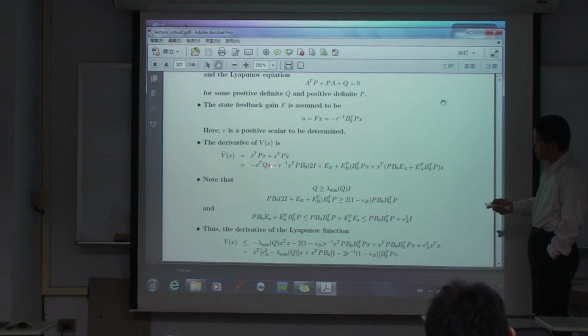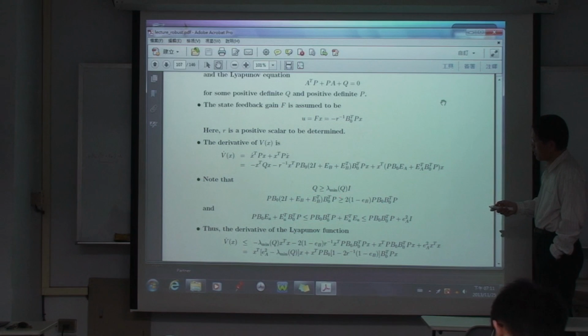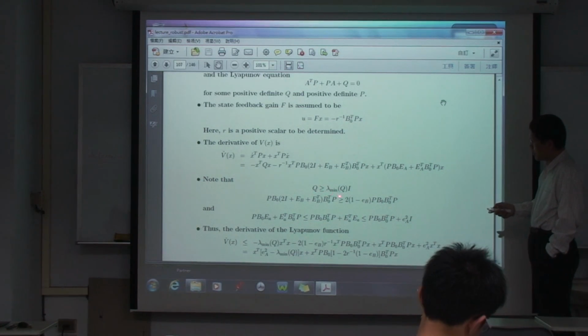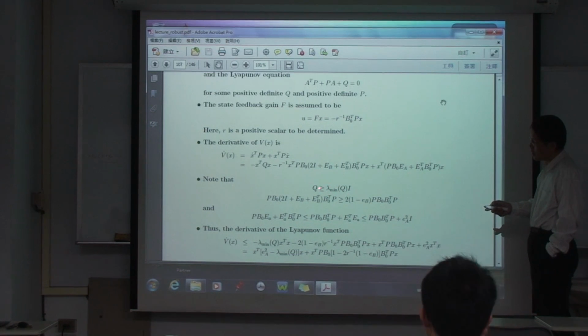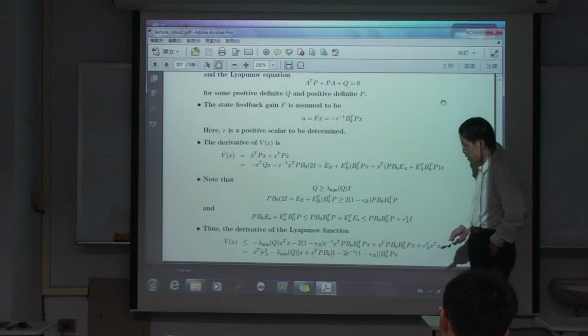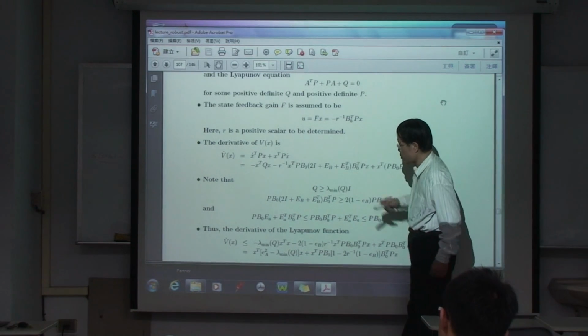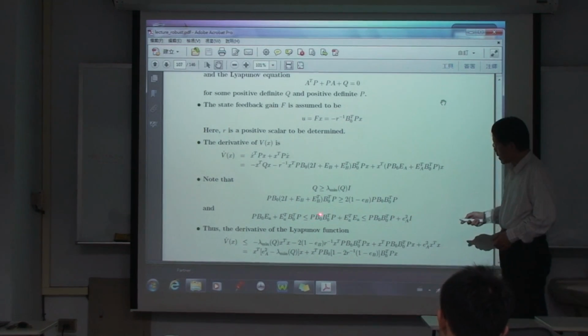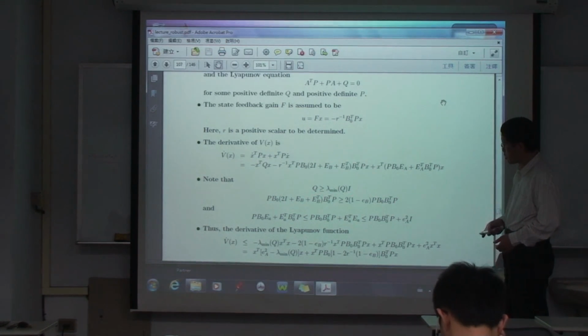First of all, Q being a positive definite matrix, Q is always greater than or equal to the minimum eigenvalue of Q multiplied by the identity. And this greater than or equal to is in the sense of positive semi-definiteness. The second term can also be taken care of.